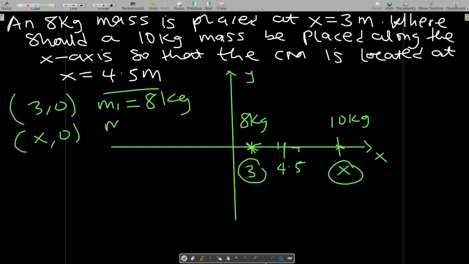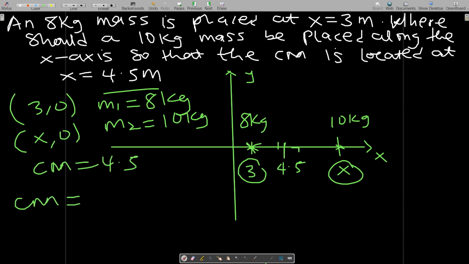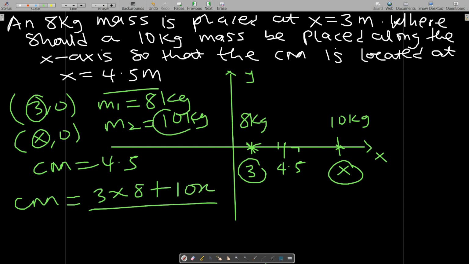Then the mass 2 is given as what, 10 kilograms, but we know the center of mass already, okay, to be 4.5, and the center of mass is actually equal to the product of this x1 and its mass, that is 3 times 8, plus the product of this x and its mass, so it becomes 10x, okay, all over the total mass, which is 18, that is 10 plus 8.